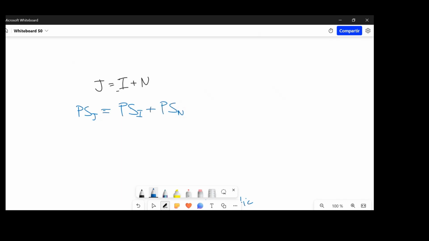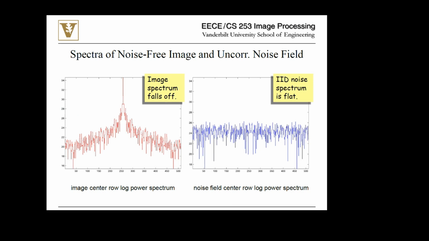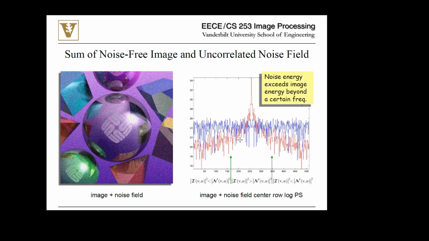For this to be true, there is a condition: I and N are independent. The two power spectra add. So now we have the power spectrum of I and the power spectrum of the noise, and we add the two.